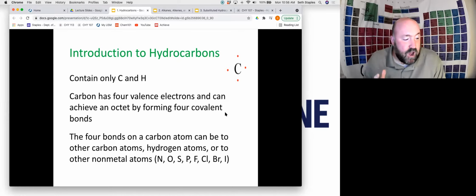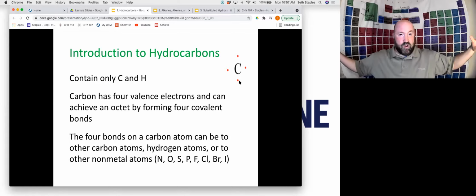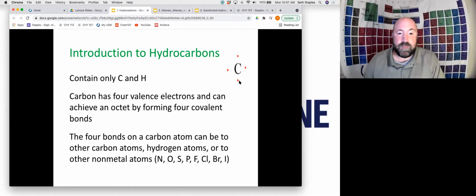Carbon is often called the backbone of life because it is such an incredibly versatile compound. Because it has 4 valence electrons, it means that carbon can achieve its octet by forming 4 different covalent bonds. That makes it incredibly versatile. Those 4 separate bonds for carbon can be to other carbon atoms, forming long carbon chains, which we'll see.